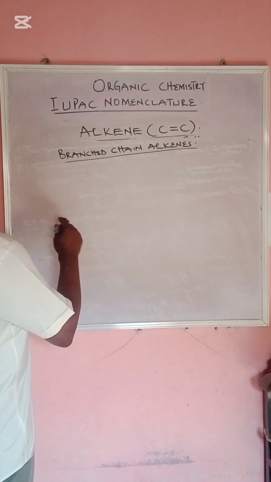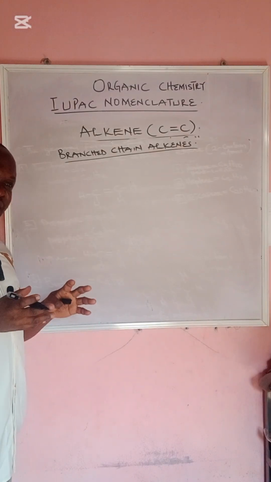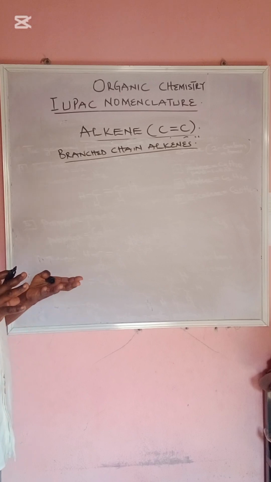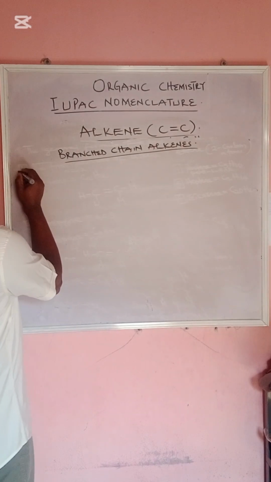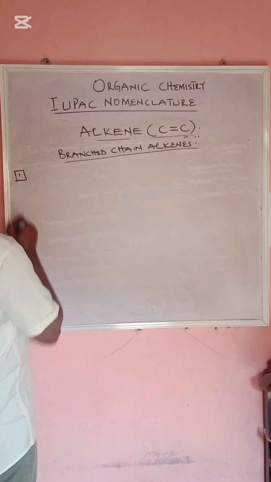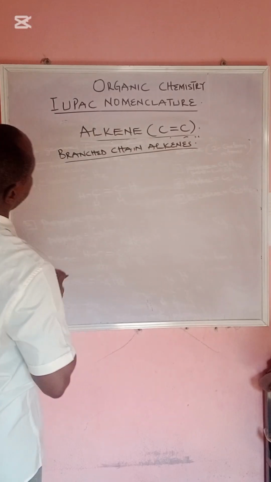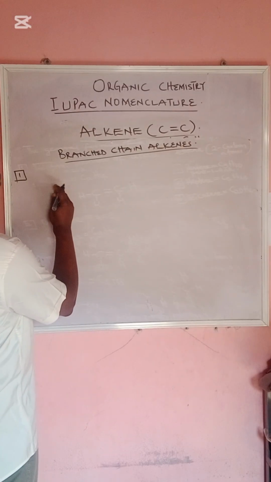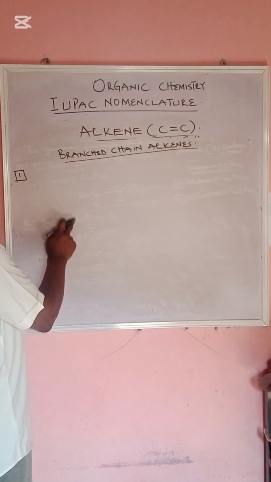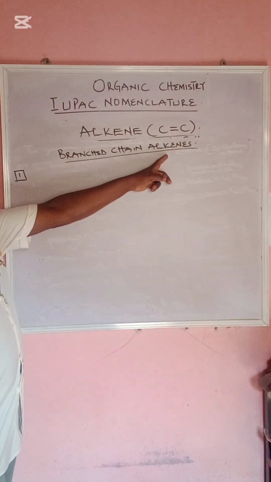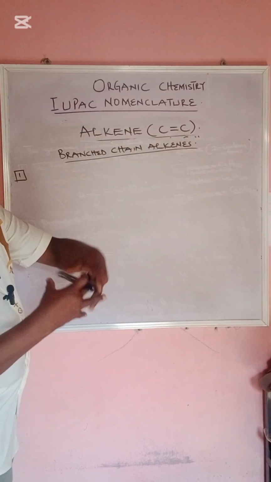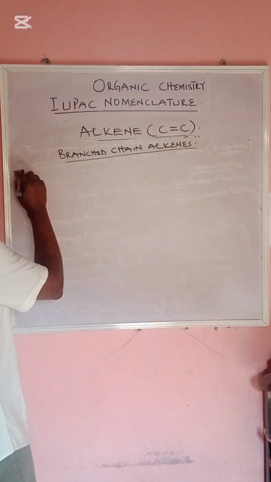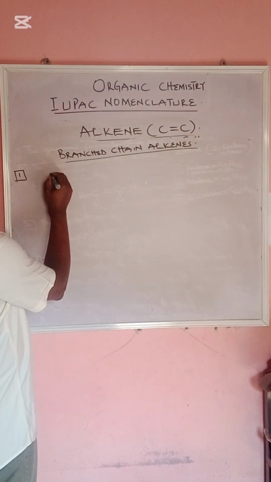When they are branched, or when the position of the double bond is changed. So let's see one. I call it branched chain alkane, and when you change the position of a double bond, so let's see when the position of double bond is changed.